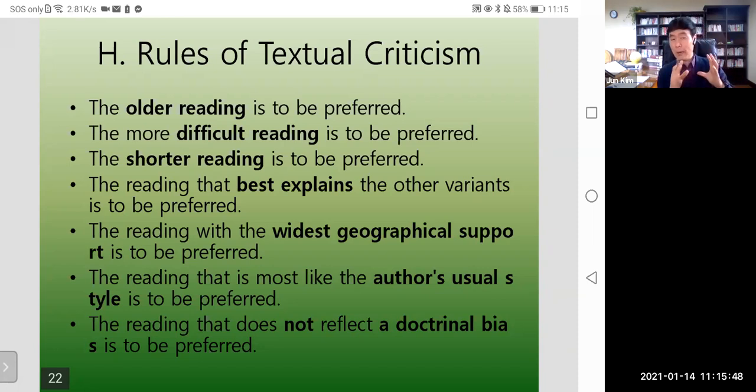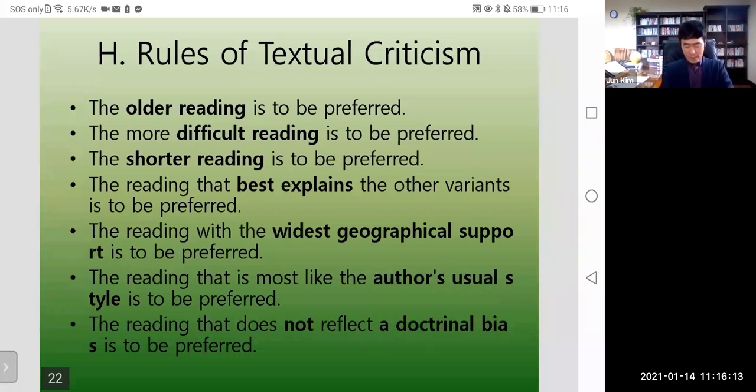When you are copying and you find the original text a bit hard, there might be some efforts of people to make it better in terms of making sense. So that is how we prefer the difficult reading.